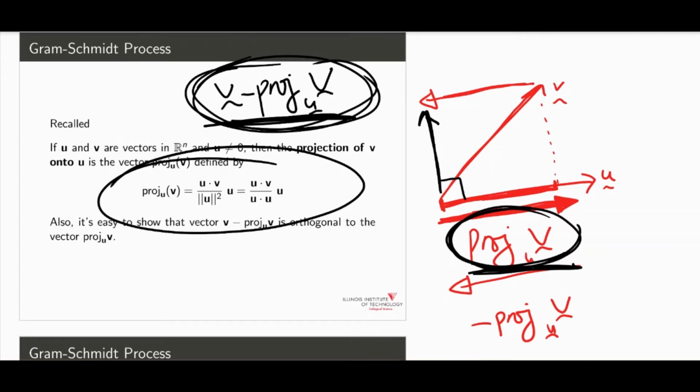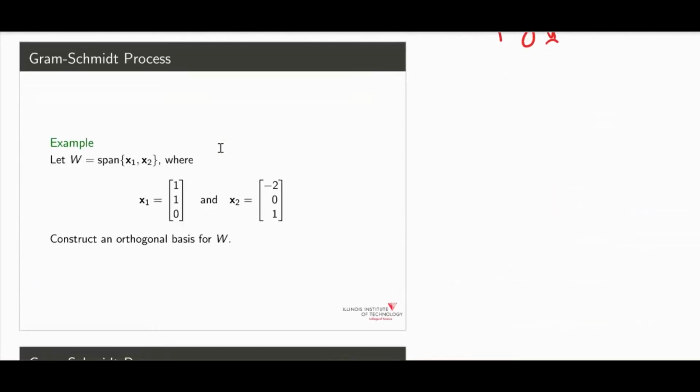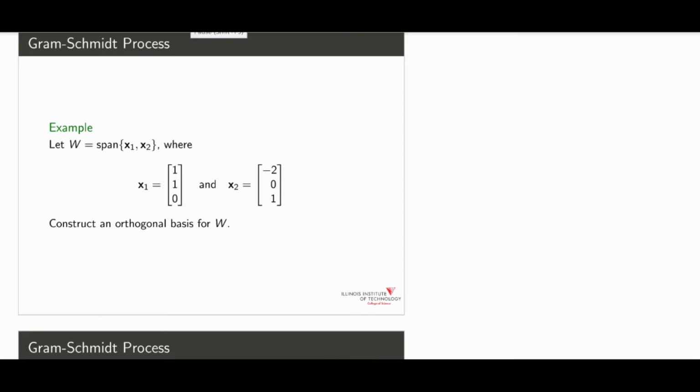So the question now is, how do we use this to orthogonalize a basis which has only 2 vectors? Let's look at this particular example. We have a vector space W, which is spanned by these 2 vectors, x1 and x2.